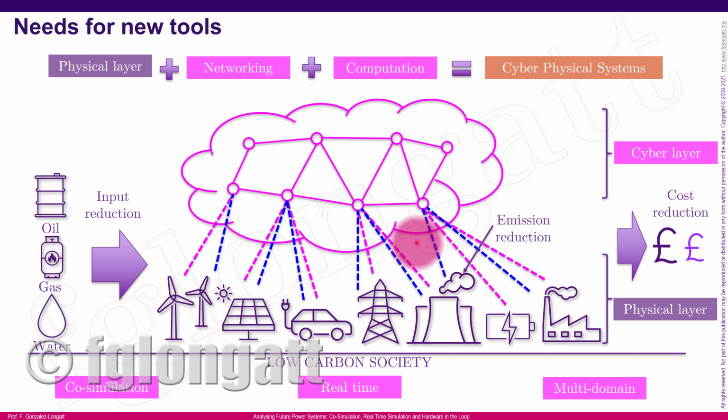The dynamics of the electrical power system are becoming faster and faster, but also more and more complex. That is the reason we need to think about the use of modern and very different technologies, okay? Co-simulation, real-time simulation, multi-domain simulation, and so on.